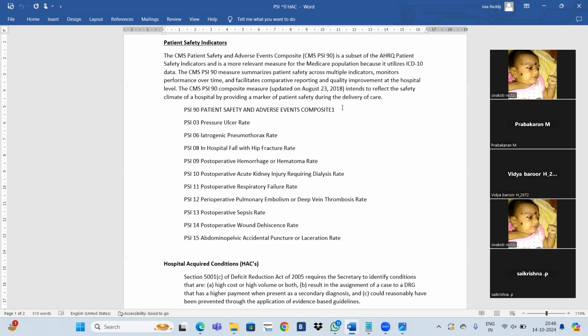Side effects. Suppose while they are giving an IV injection to a patient, you get an infection at the IV site because of the nurse's mistake in giving the IV properly. So whose mistake is that? Nurse's mistake, right?